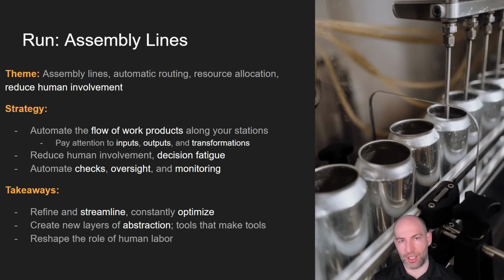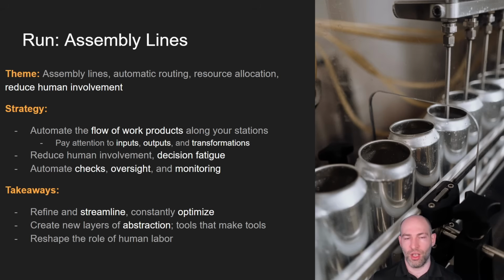They take all that, they transform that information into something that's more useful, to gain insights from it, to tell stories about it. And ultimately that is used to pay the bills, to pay your employees, to pay taxes, that sort of stuff. Another big part of the assembly lines is to continue to reduce decision fatigue and overall reduce human involvement.